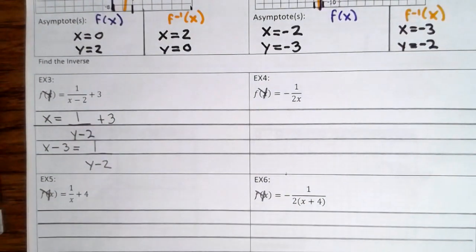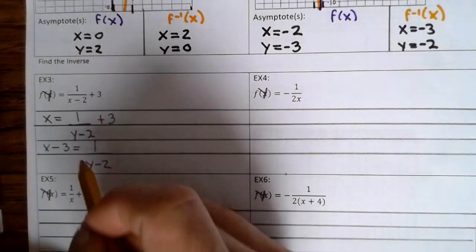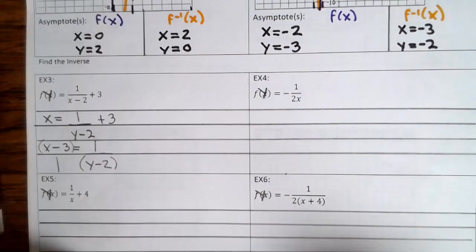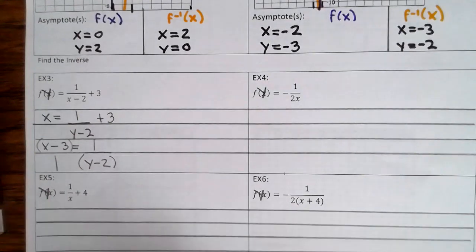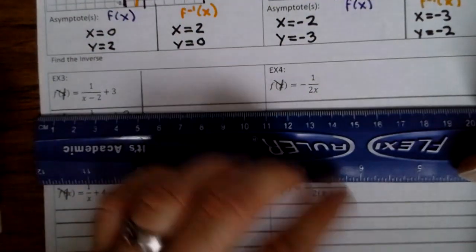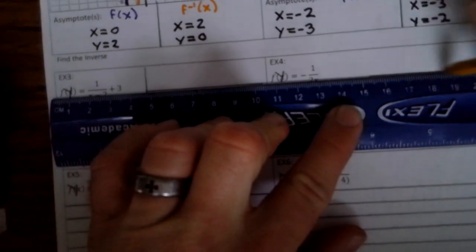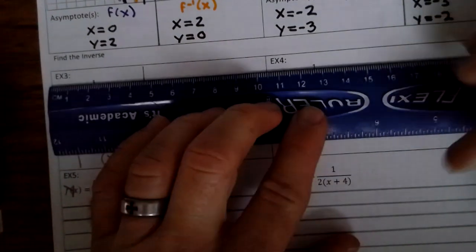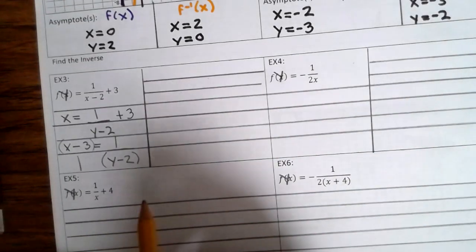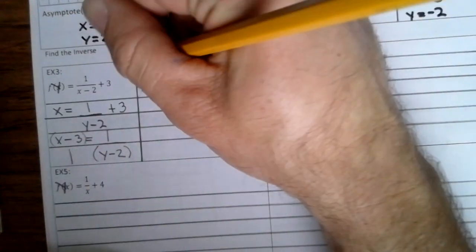Divide by 1. And we need to probably add some lines here. All right, so now we cross multiply, so then that's x minus 3 times y minus 2 equals 1.